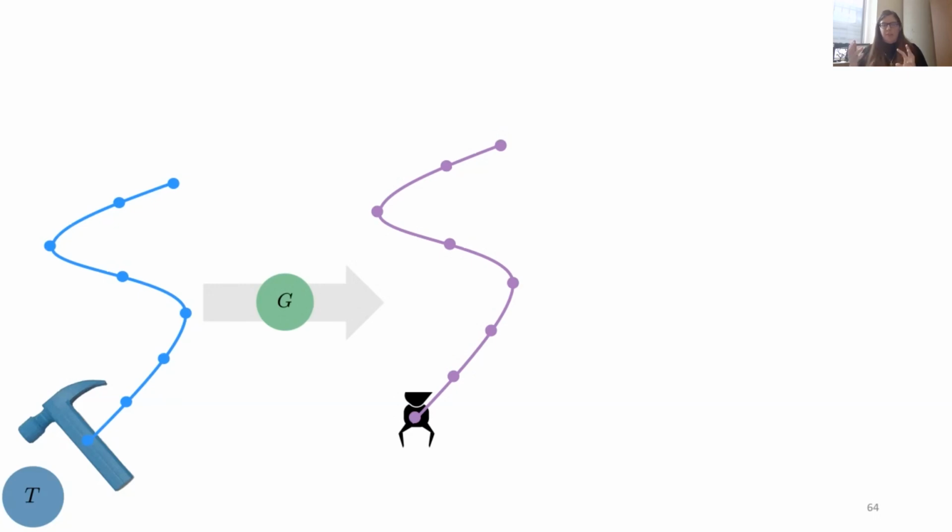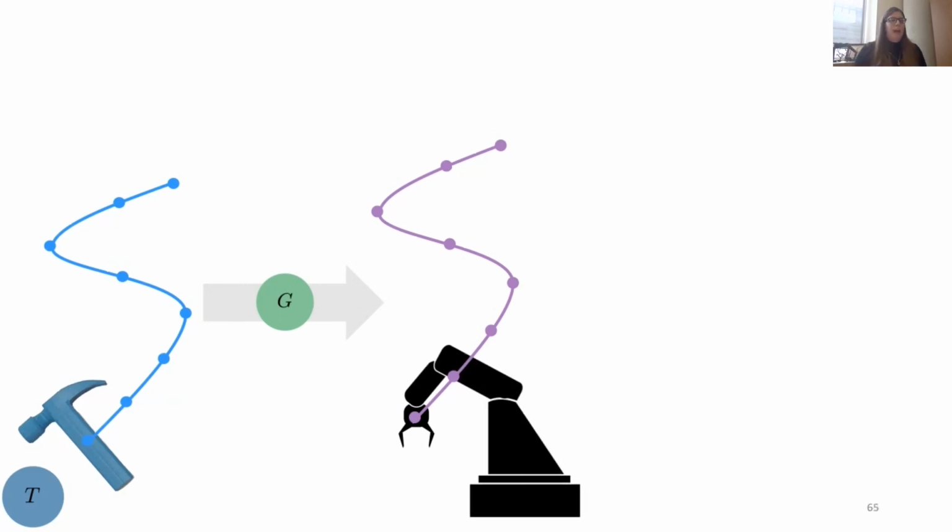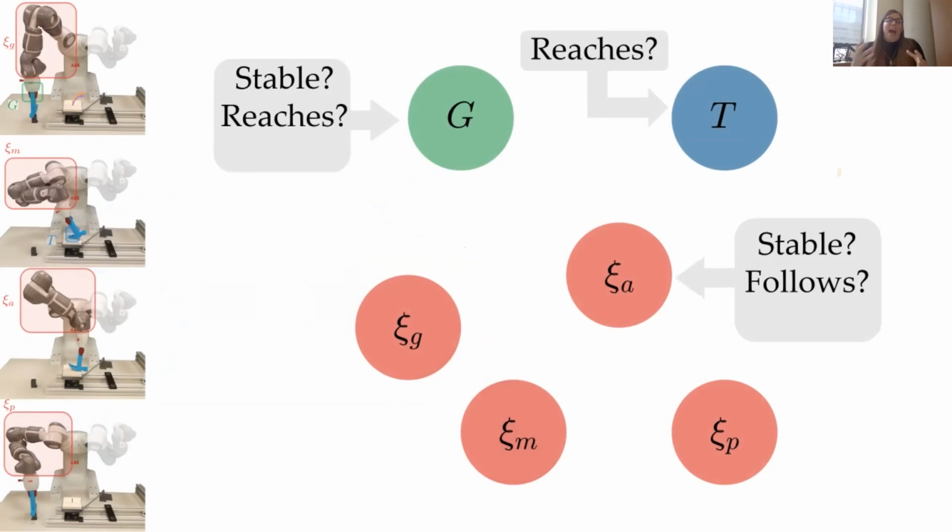But our end effector is not floating in space, it's connected to a robot. And so our problem becomes, how do we generate a path for our robot's joint angles that enables it to follow a path for the end effector, which then enables the tool to follow the desired path defined for the task? We quantify this as our path following constraint.